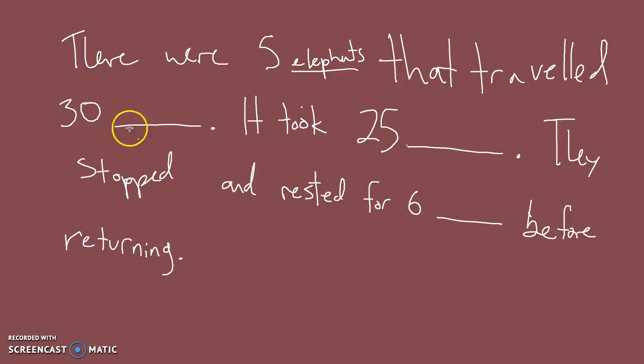So maybe they traveled 30 kilometers, and maybe it took them 25 days, and maybe they rested for 6 months before returning. Okay, so who knows if that is even a realistic scenario, but you can see that the units give some context to what's going on, because we could rewrite this in a completely different way.